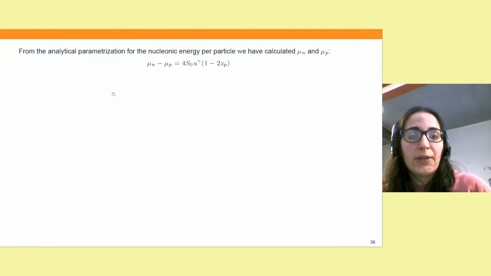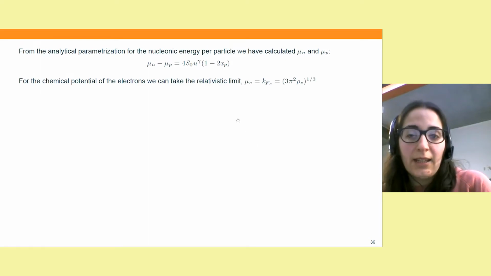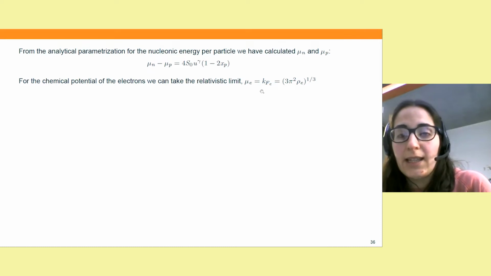And the other day, we saw that from the parameterization of the nucleonic energy per particle, we could calculate this difference between the neutron and the proton chemical potentials. Okay, we had this easy form here. And for the chemical potential of the electrons, as I have just said, we took the electron Fermi momentum, which is (3 pi squared times the electron density) to the 1/3.